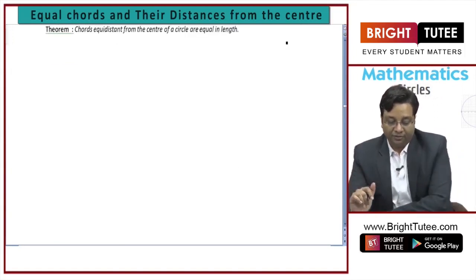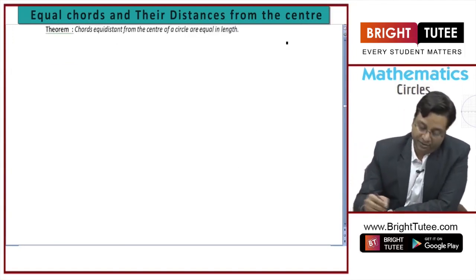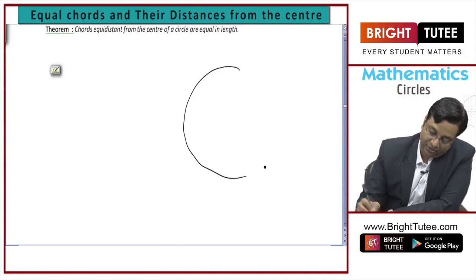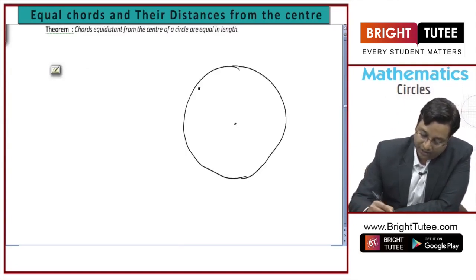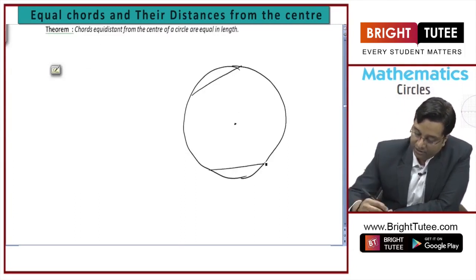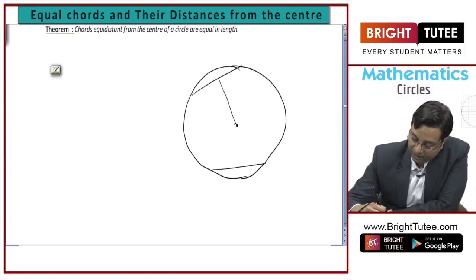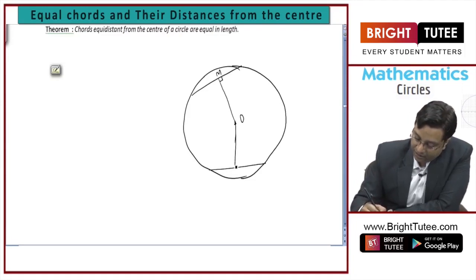Chords equidistant from the center of a circle are equal in length. So yes, this is also true, and for this also you need the knowledge of triangles. Let us say this is one chord, this is another chord, and these are equidistant from the center. That means this distance OM is equal to the distance ON.